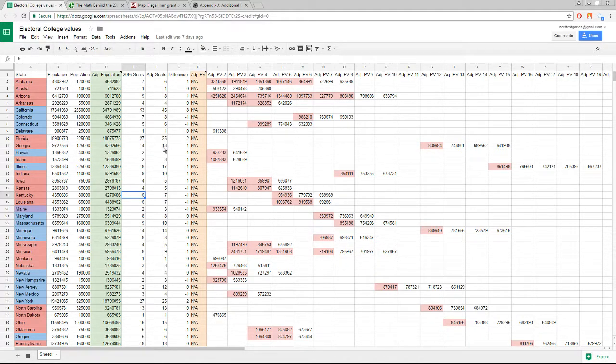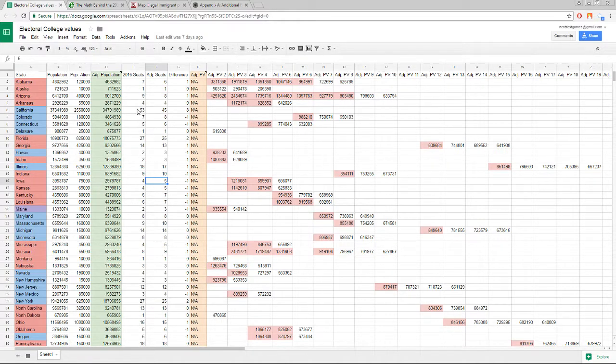So then, the amount of districts are determined by population. So then you have your adjusted seats. This is how many each state would have had if no state had illegal immigrants considered in their population.